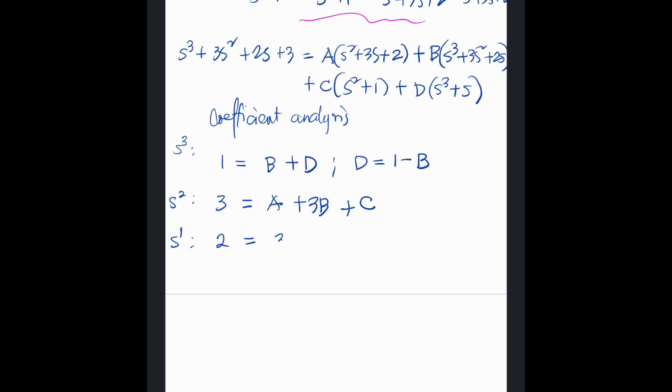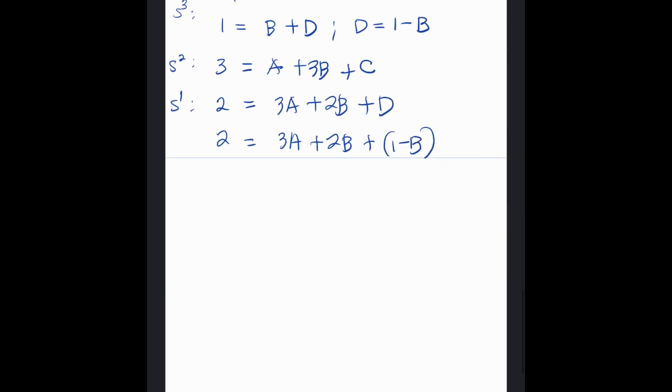We have 3a plus 2b plus d. And we know for a fact that d is equal to 1 minus b. So therefore, by simplifying, we have 1 here and then 3a plus b.